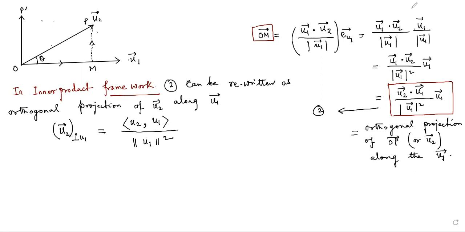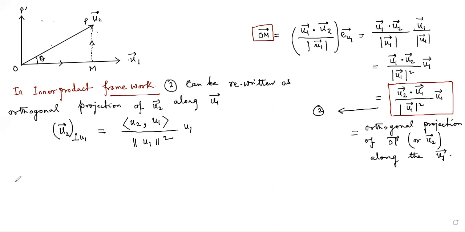So I don't have to put the arrows here. I put the arrows because I was doing simply the physical vector analysis, but now I am in vector space. I am just reframing what I have found in terms of the notations of the inner product space. So the dot product is given by the inner product notation, and modulus is given by the norm notation, multiplied by the vector U1. That is the orthogonal projection of U2 along U1.